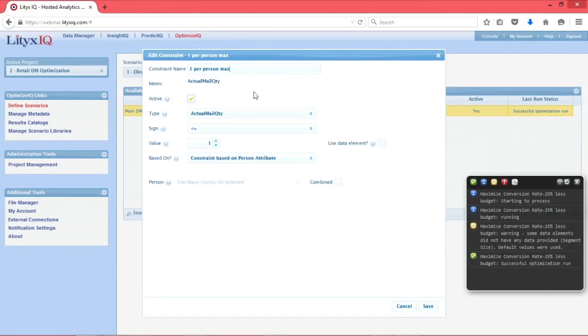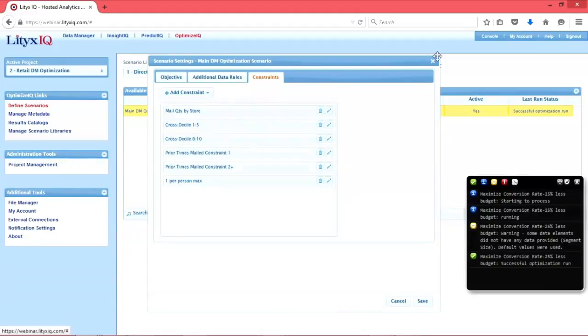Again, the backdrop to that is it may be that a single individual is in the footprint of multiple stores, but we don't want them getting 2, 3, 4 mailings just because they're a strong prospect, from multiple stores at the same time. So this one says that the actual mail quantity can't be more than 1, right? You can mail a person once or 0 times. And this is based on all separate individuals on their person ID attribute.